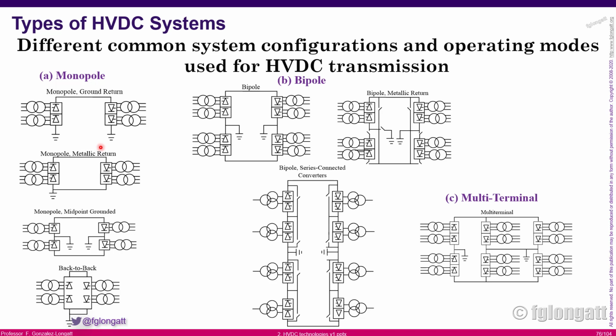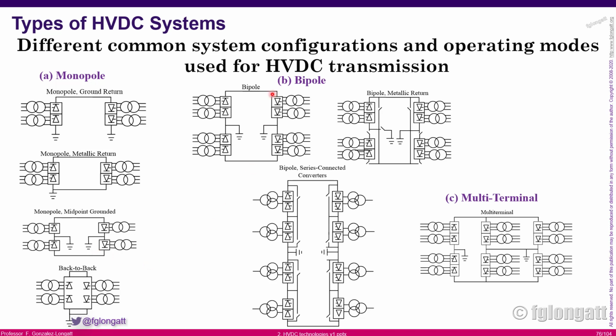It's not the earth. Here we have two, basically the monopole with midpoint grounded, okay? This is a monopole configuration, but still having a grounding point for returning some currents. And here we have a back-to-back configuration, okay?